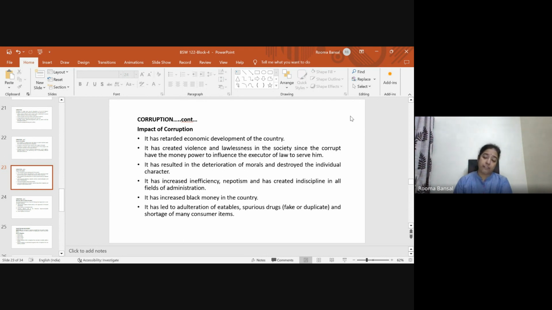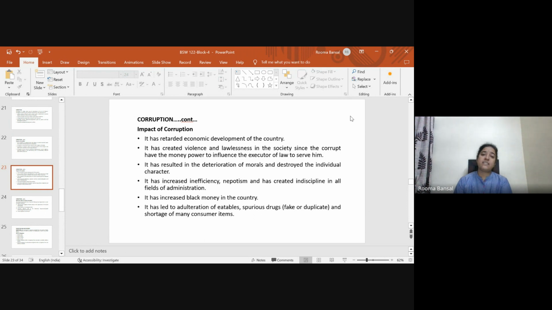It means if an individual who is very rich, in a very good financial condition, by mistake commits some crime or breaks some rules or does something illegal, knowingly or unknowingly, and is caught by the police or the system, then what happens? If he has money, he will use his money power to influence the judiciary to come in his favor. This is a simple example of the result of corruption.